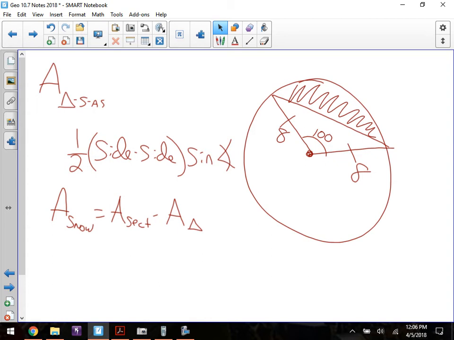The sector formula, let's try to write these out. Central angle over 360, pi r squared. And then the area of the triangle for side angle side is 1/2 side times side times the sine of the angle.